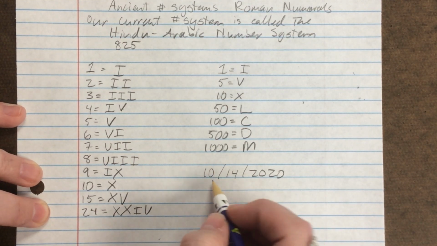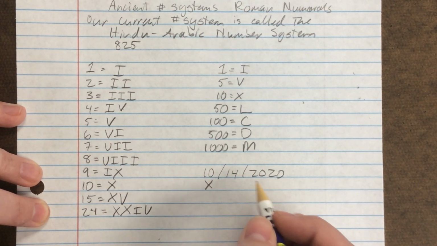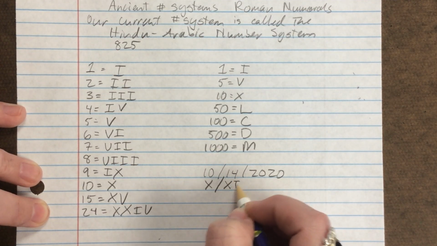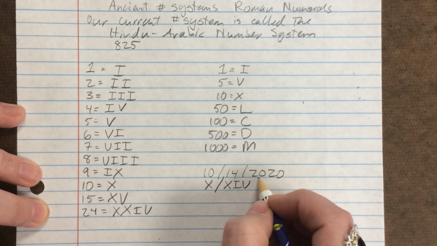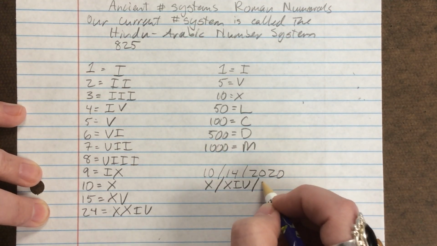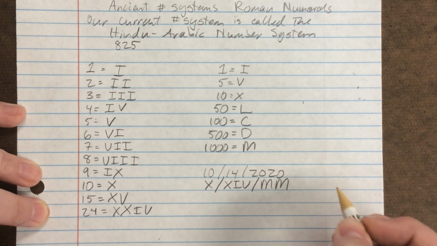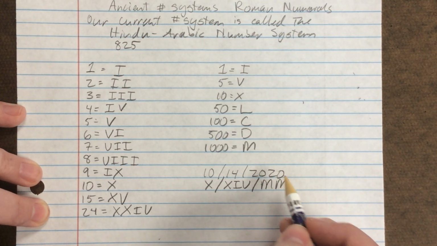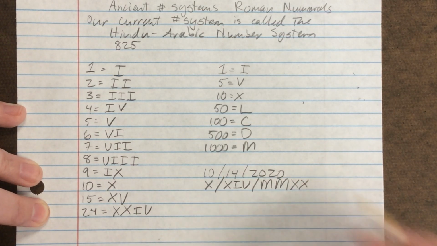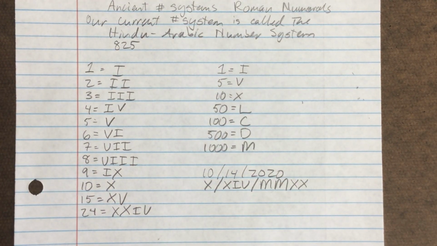So 10's pretty easy, right? So we got that, 10, and then 14 is going to be 10 plus 4, and then 2,000, that means we need 2 M's, and then we need 20, which is 2 10s. So MMXX is our year.